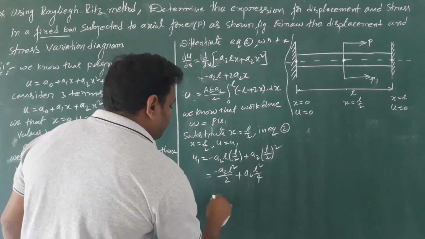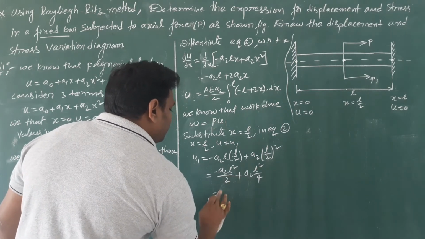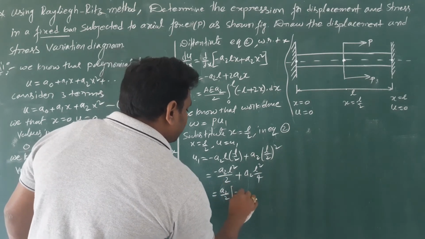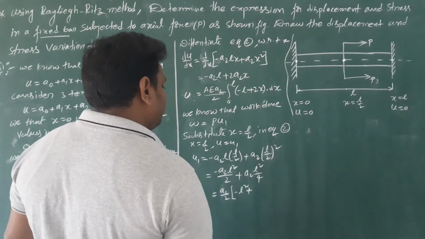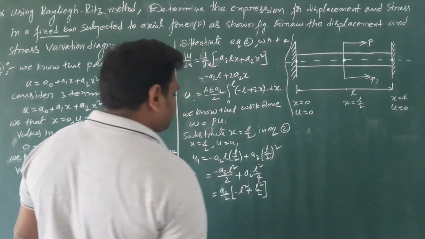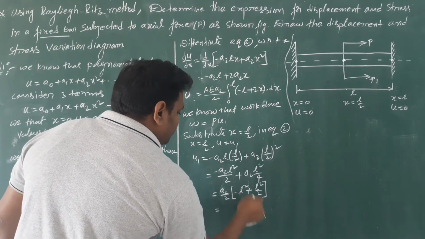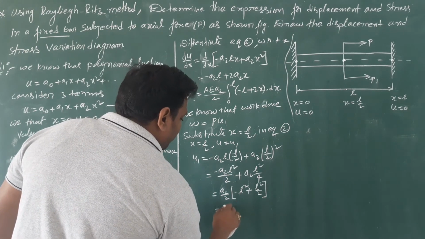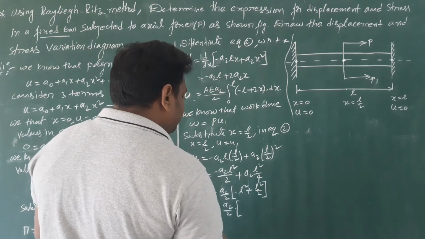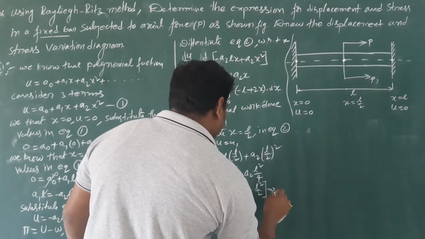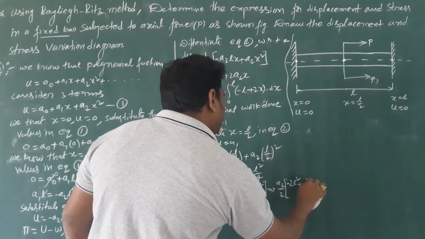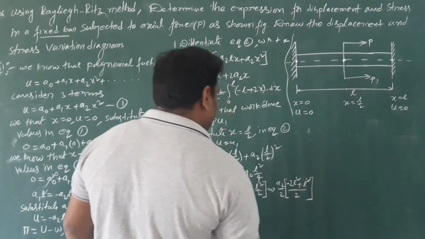Here a2 I am taking common, minus L square by 2 plus L square by 4. Do the LCM here: a2 by 4 into minus 2 L square plus L square.